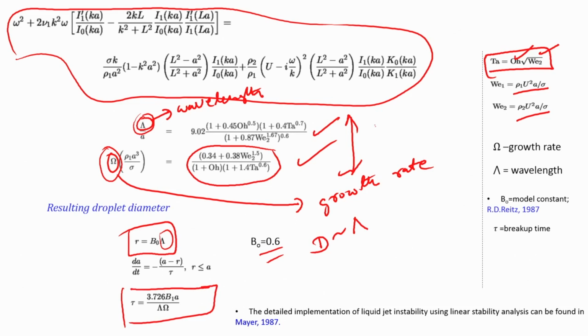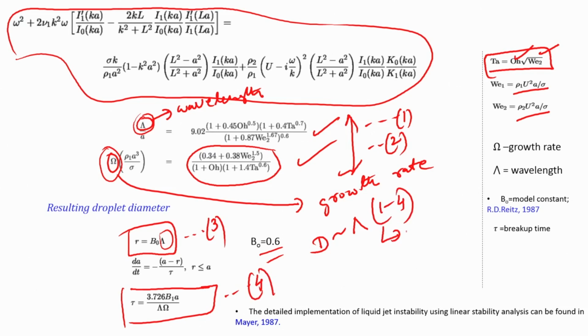So, these equations, this is 1, this is 2, this is 3 and this is 4. These 4 equations, 1 to 4, give you basically many things. One, it gives you the most unstable wavelength. It also gives you the max growth rate. It also gives you the breakup time, that is important.